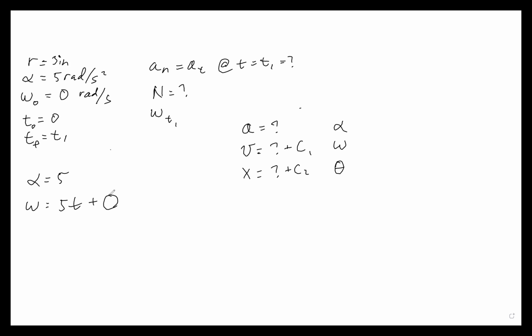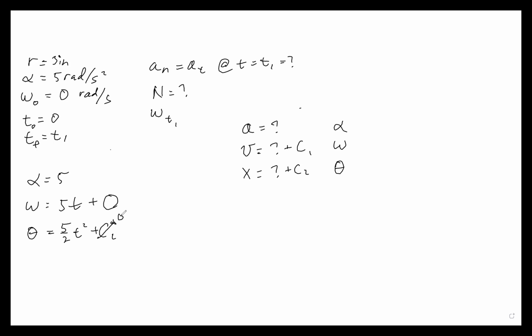And then if we integrate again, we will get angular position, which is going to be 5 over 2 t squared, plus c2. Now our angular position can just be where we start, so 0 again. So we have our angular acceleration, angular velocity, and angular position.